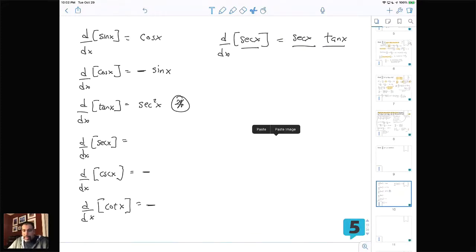Secant times tangent. So all of a sudden, you've now got a way of remembering what the derivative of secant is. And it's this ratio, 2 secants to 1 tangent. So now the derivative of secant is secant x tangent x. Okay, and it's all about 2 secants to 1 tangent.